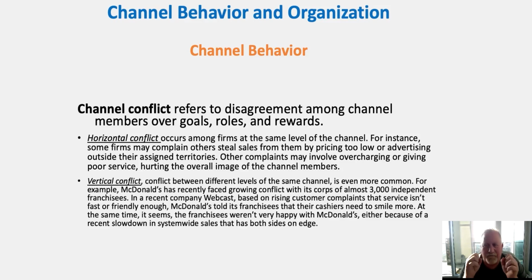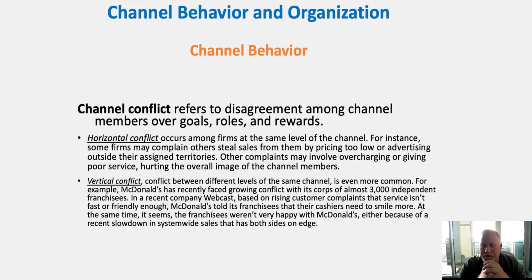When there's not enough exclusivity of distribution within a marketplace, and we're going to talk about that exclusivity. In the city of Houston, we have three big Audi dealerships. So if you want to buy a car from Audi, you can go to any one of the three dealerships in the city of Houston.